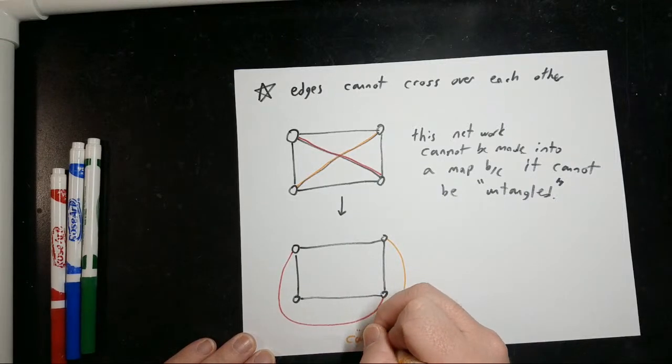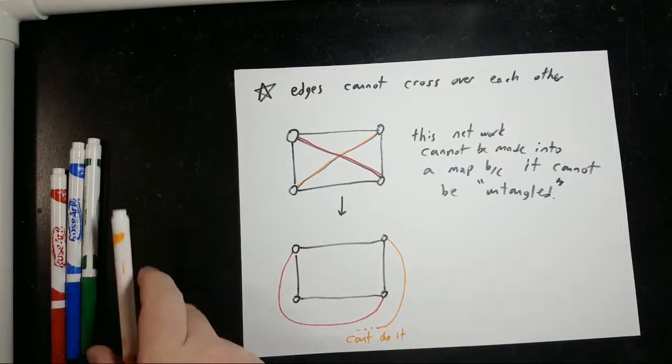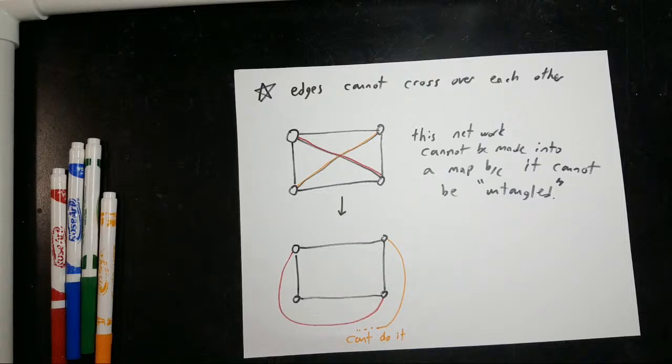I can't untangle this map. I'm sorry, I should have been calling it a network the whole time. But since I can't untangle this network, this is not going to work. Edges cannot cross over each other.